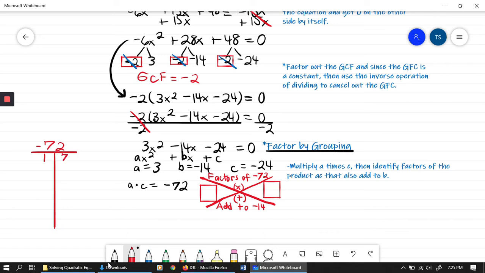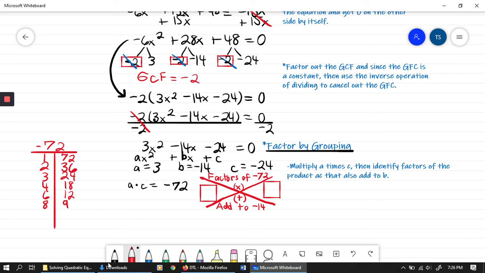So we got 1 times 72, 2 times 36, 3 times 24, 4 times 18, 6 times 12, and 8 times 9. So we're looking for two factors here of negative 72 that will add to give you negative 14.